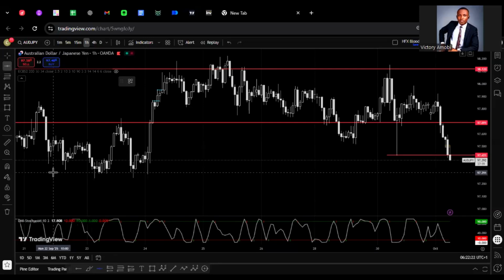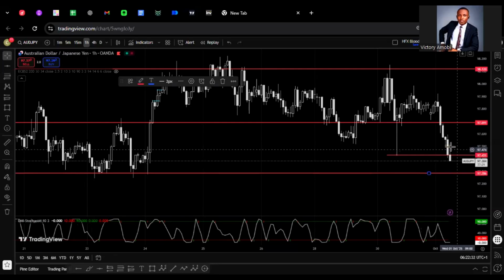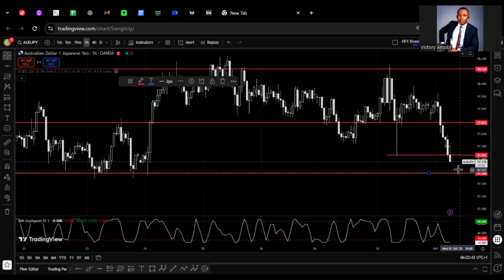So looking at this, the next reasonable low I think the market might get to is this area, right? Since the market started selling aggressively, since it broke this support area here, I might wait for a pullback and for the sell to continue.